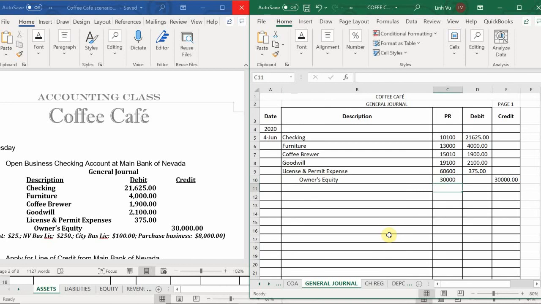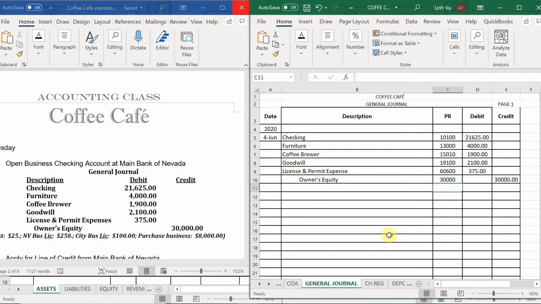Because the owner originally invested $30,000 for this company, that's money that you're going to put into the company. But because I'm opening my bank account, I made a bunch of purchases during the couple days. Now I need to revert back and say that I don't actually have all this money, because I really don't.